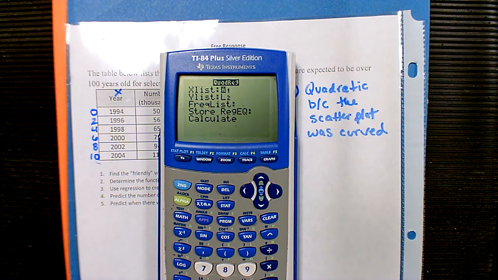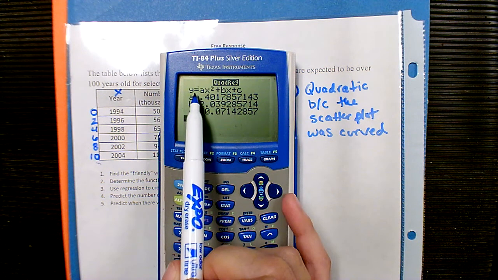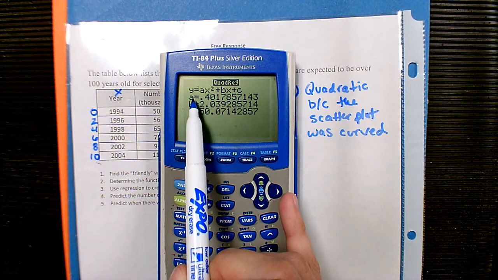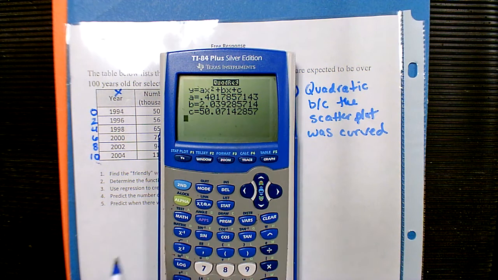If this screen pops up, you just keep hitting enter till you get down to calculate. If that screen doesn't pop up and you just have like a single line at the top of your calculator, just hit enter and those numbers should pop up as well. Okay? Can we get those same numbers? We all should have the same numbers because we all typed in the same data, right? Okay, so at the top of the screen, it's giving you the standard form equation for a quadratic, and then it's telling you what the different A, B, and C coefficients are.